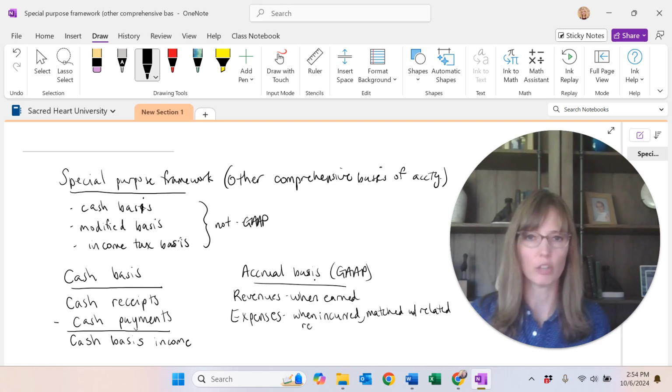like depreciation. We're using our buildings and equipment over time to bring in our revenues, so we match it. Or bad debts expense. We had sales this period. Some of those sales will never be collected, so we have bad debts expense. And then another way of talking about depreciation is systematically over time.